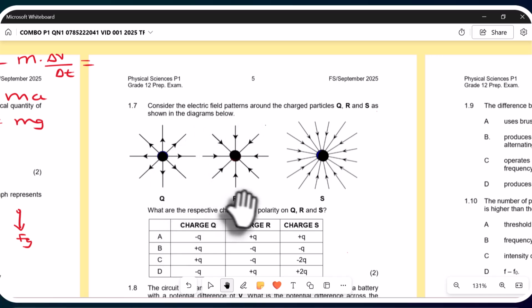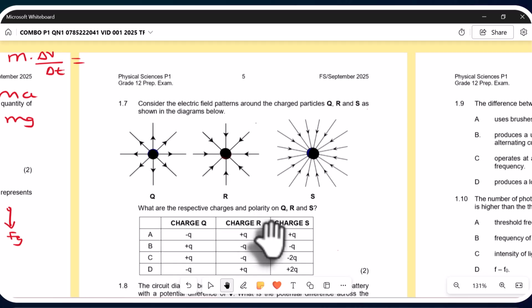If we use a positive test charge again here, because the arrows are pointing inward, this must be negative as well. However, that's not enough here. We know that the more the number of the field lines around the charged object, the bigger the charge.